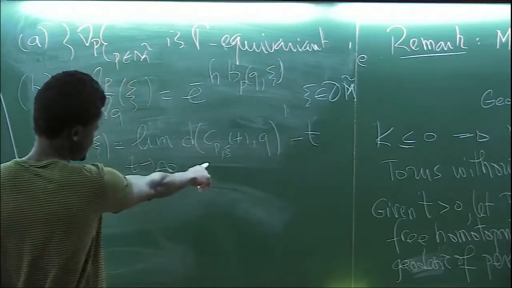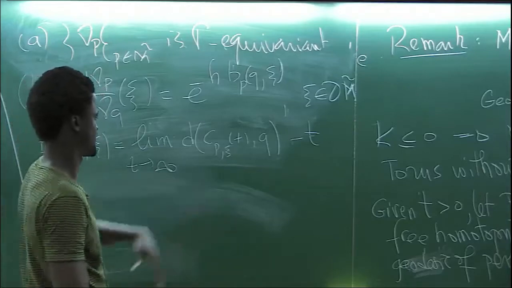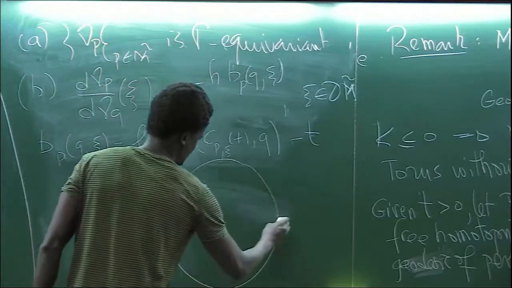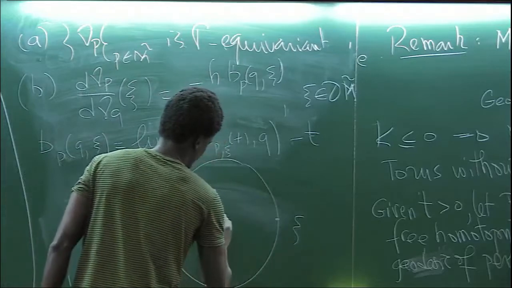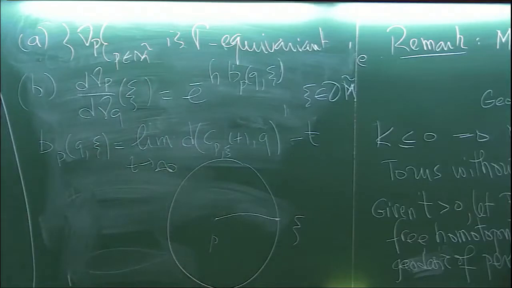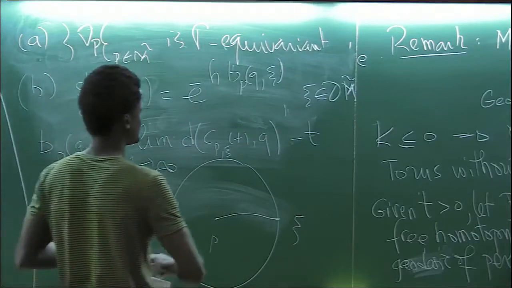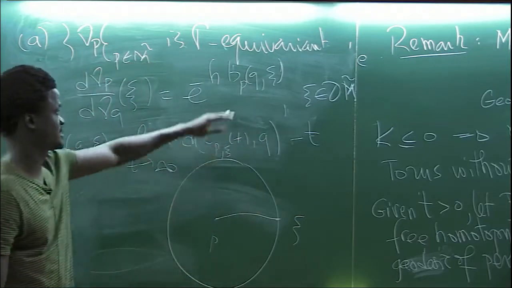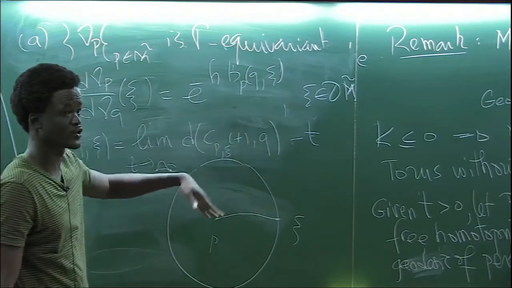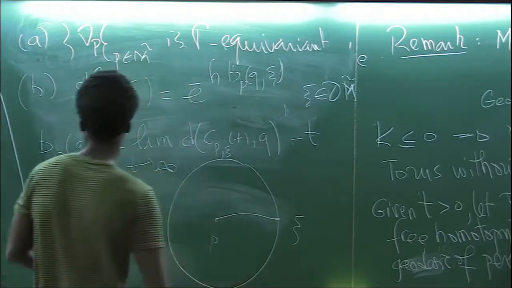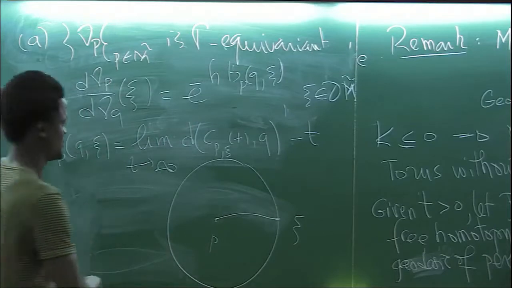So this is just the geodesic joining p to psi. This is the compactification of the universal cover, and I have here a point psi and here p. There is a geodesic joining p to psi, and this quantity is called the Busemann function, and if you're familiar with it, the level sets of this Busemann function generate the horospheres. The zero level set, for sure, if you put p here, you get 0.